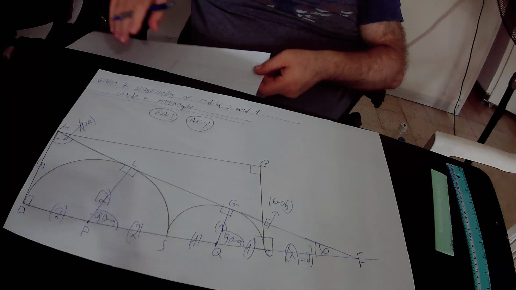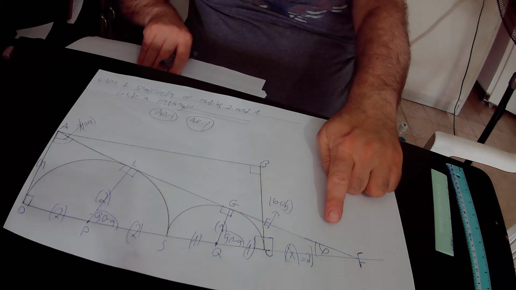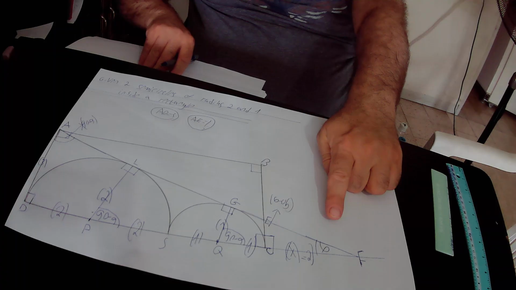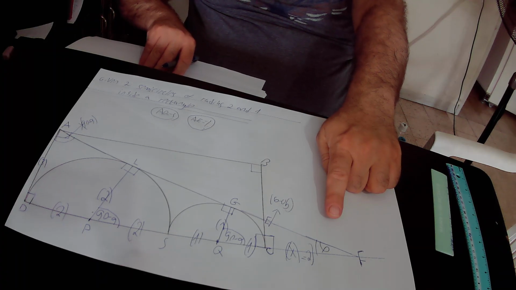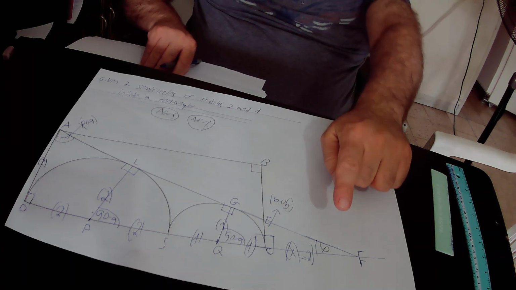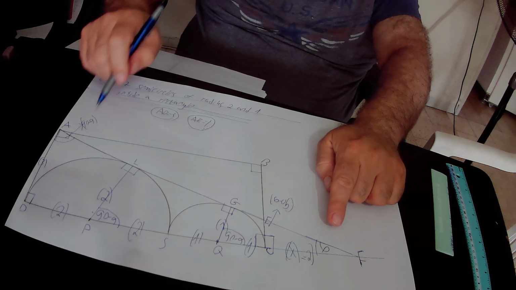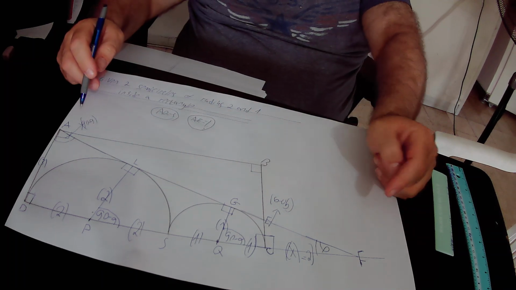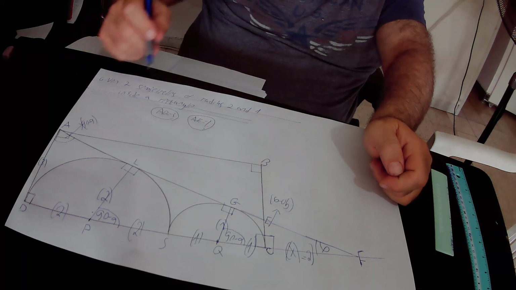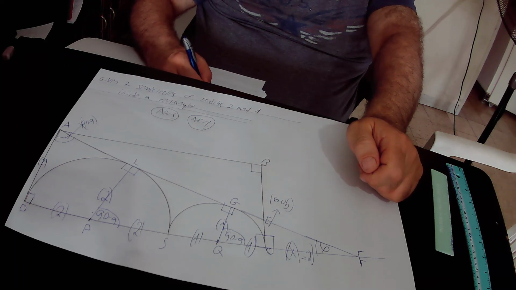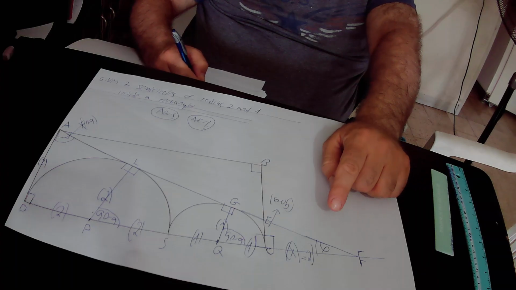In addition, this is angle alpha. It is a common angle that belongs to both triangles. So we can write down that angle alpha equals itself as a common angle that belongs to both triangles. If we relate to this angle alpha as it belongs to the big right triangle ADF, it will be defined as angle AFD, and angle alpha equals itself.